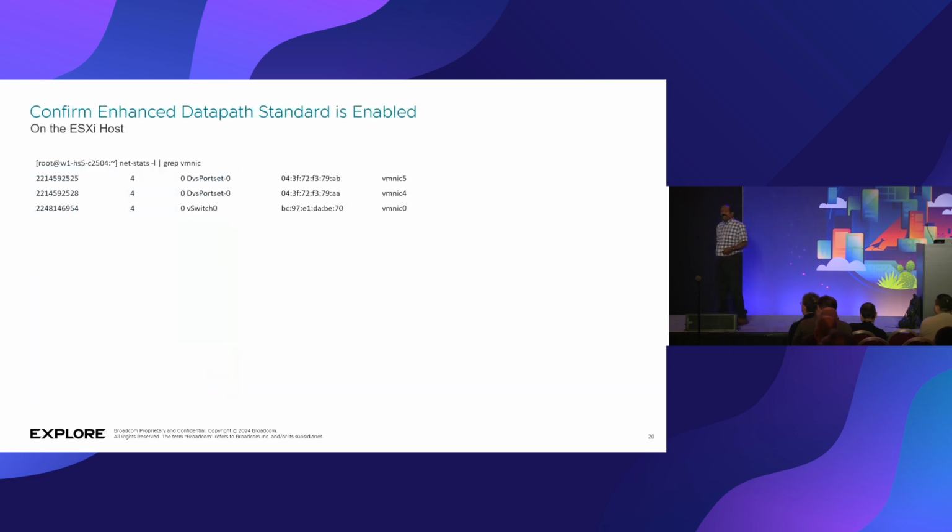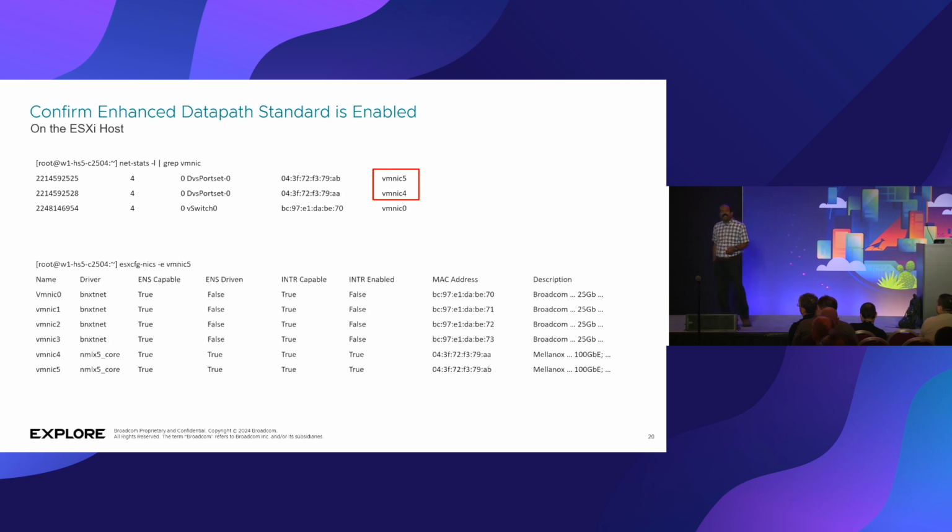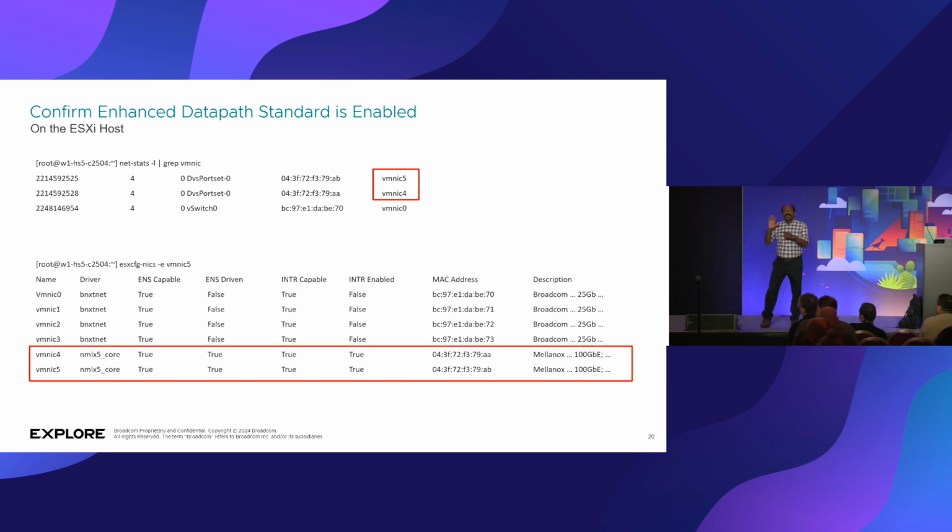Okay, how do I know whether it's enabled? In this particular case, if you look at the ESXi host where this is enabled, you can just go and look at esxcfg-nics, and it would tell you, there are 4 different columns here. It tells you whether it is available, ENS capable, and whether ENS is enabled. In this particular case, for the Mellanox NICs, where we have the stack running, that's where it is enabled.